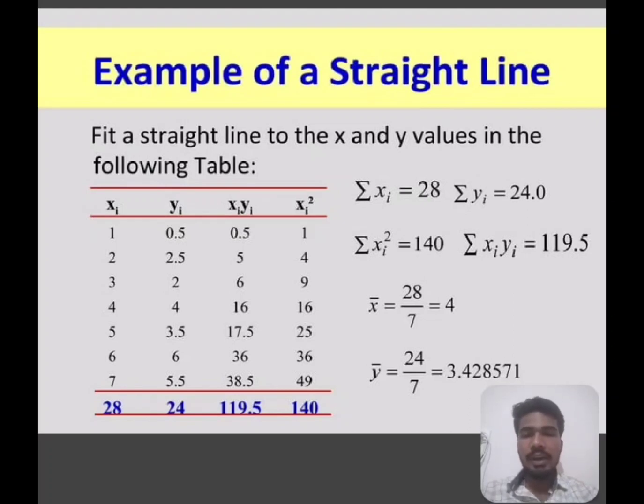We can find x bar equals summation x divided by n, where n is the total number of values in the table, and y bar equals summation y divided by n. We have the values of x bar and y bar.